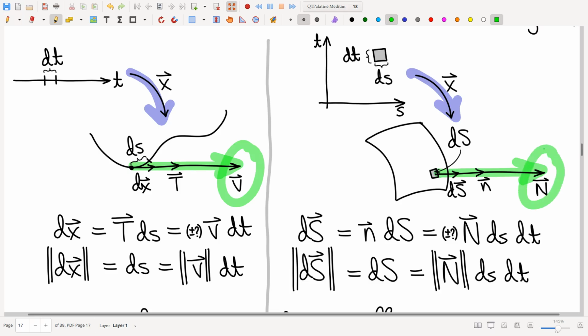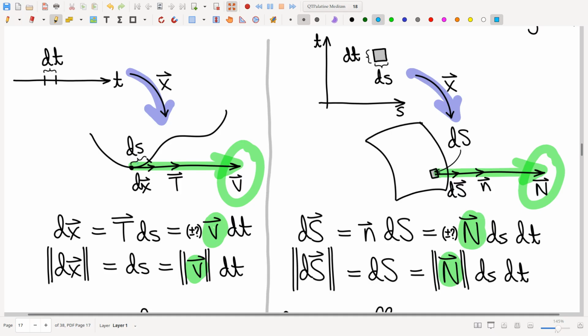N is a cross product, but a cross product of derivatives of the parameterization. So pretty analogous. And look where they show up in these equations. They show up in pretty analogous places in those equations, laid out as I have, kind of appropriately.